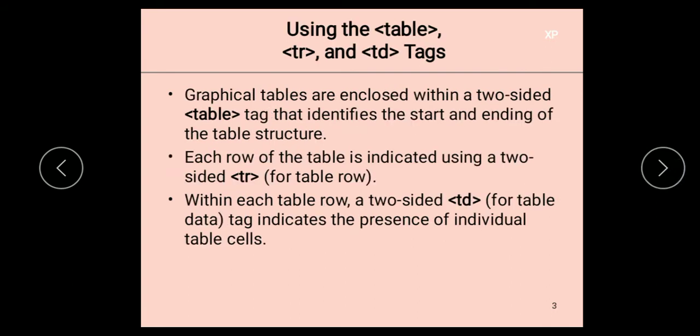Using the table TR/TD tags. Graphical tables are enclosed within the two-sided table tag, which identifies the start and end of the table structure. Each row of the table is indicated using the two-sided TR, or table row, tag.